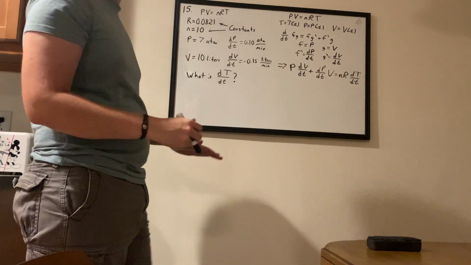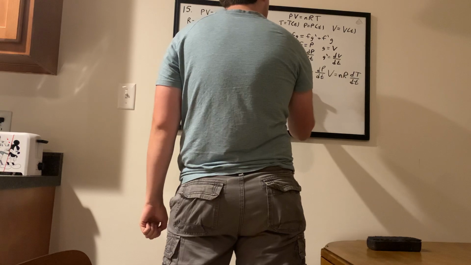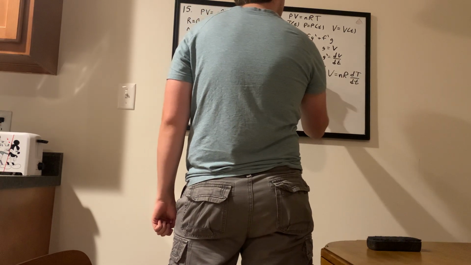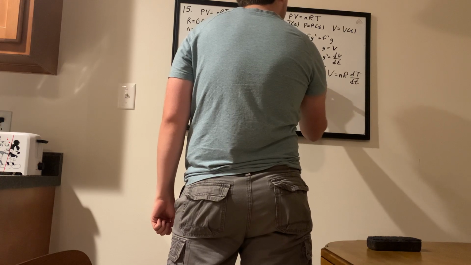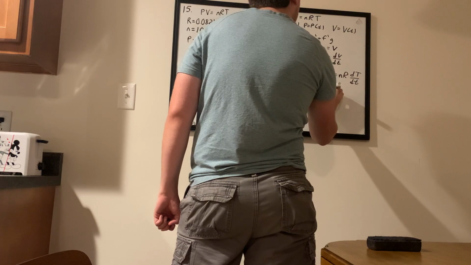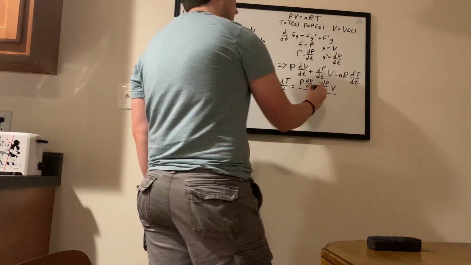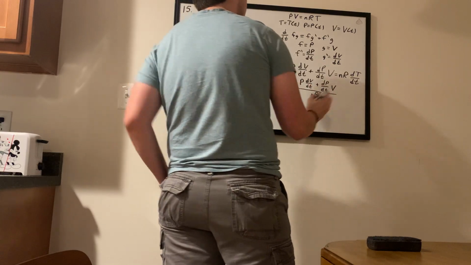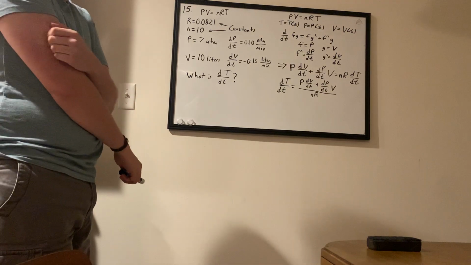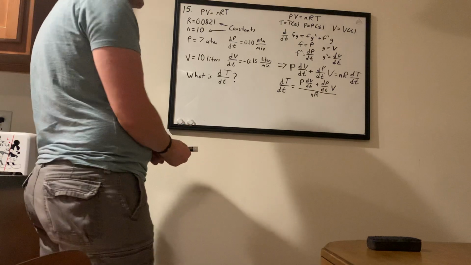From here, it's really easy for us to solve for the value we want. We have that dT over dt is equal to P times dV over dt plus dP over dt times V, all over n times R. That's just simple division there. Then we have every one of these numbers, so we just plug in respectively.